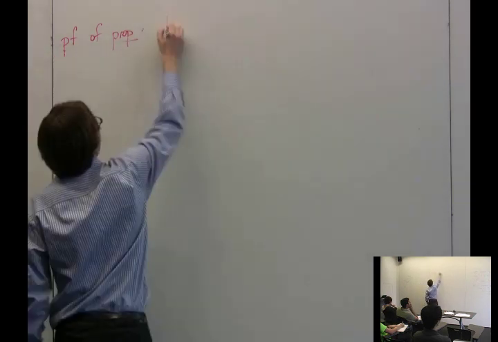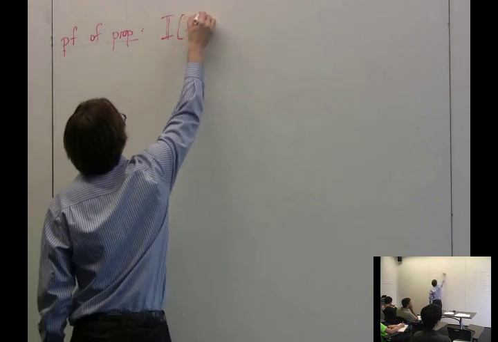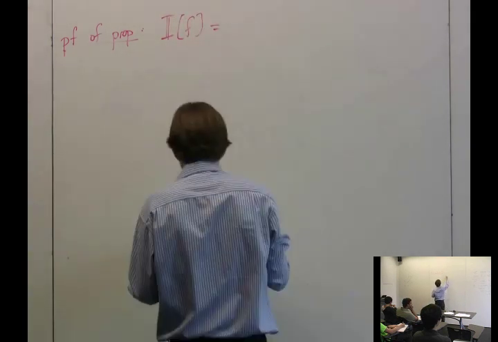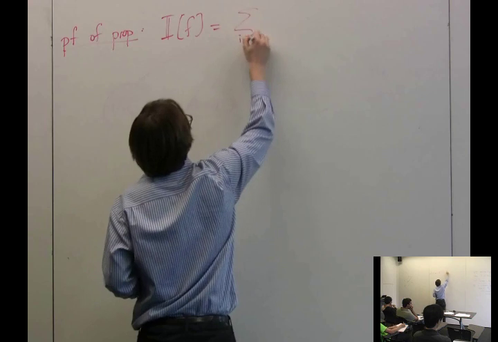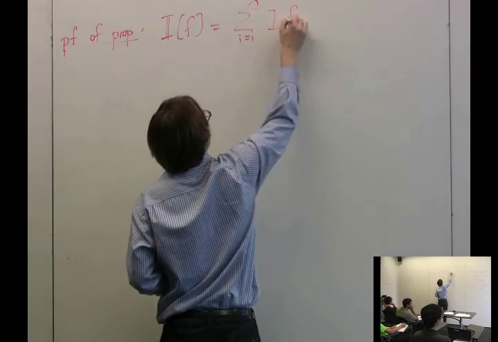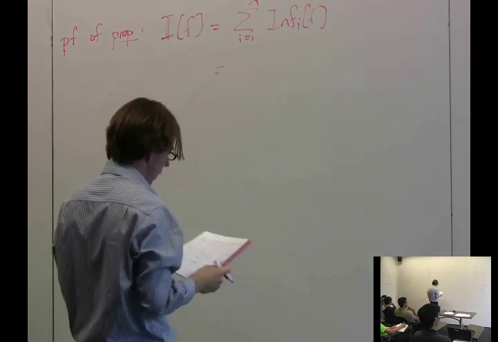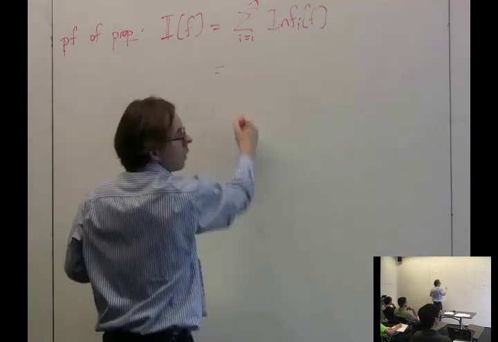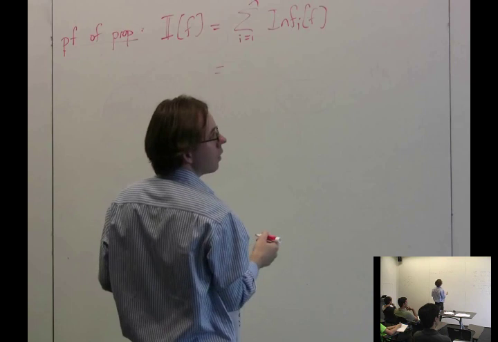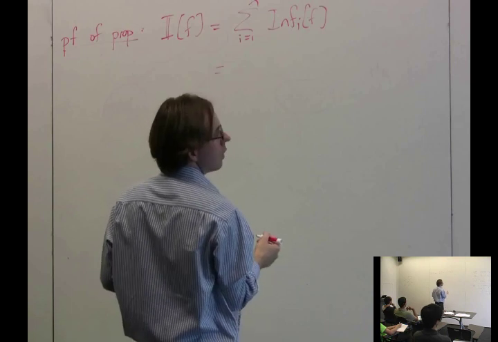Okay, so we want the total influence of f. That's the sum of all the influences. Up to a factor of 2, right?